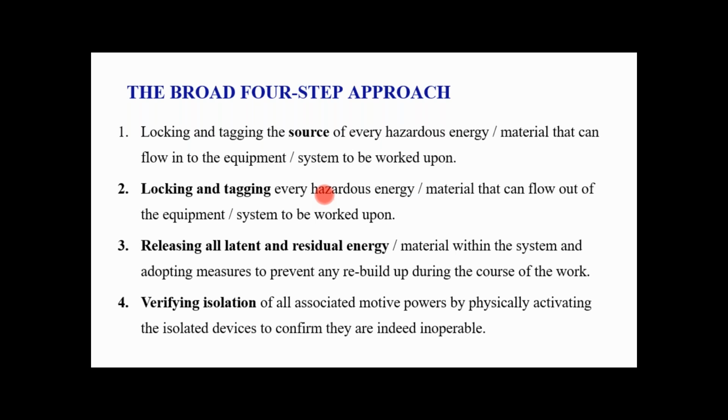So we have to lock that hazardous energy source or material input pipeline, maybe a valve system or some other system from which we can lock that material input, we can lock that steam inlet, we can lock that circuit breaker, etc. And then we have to apply the tag: do not operate, do not open this valve, or danger, etc. So we can apply these locking and tagging systems for the connected pipelines or connected systems to the equipment or the sources. That is the second step.